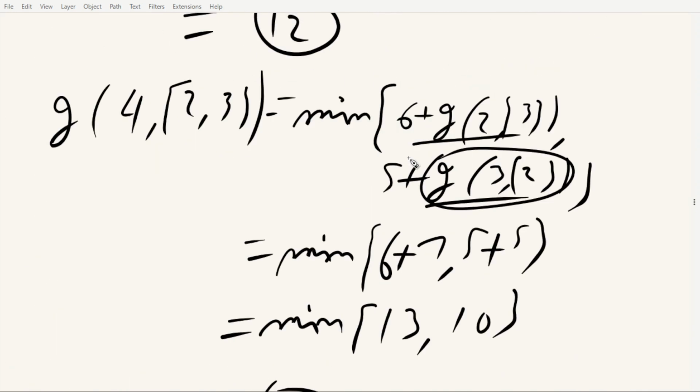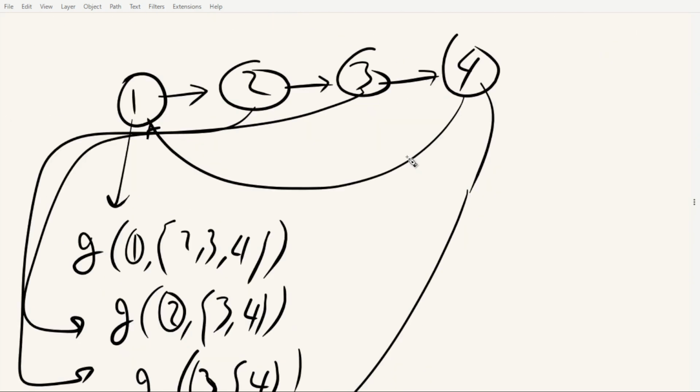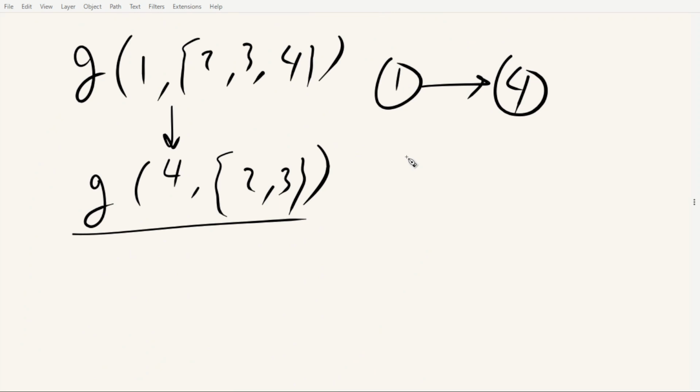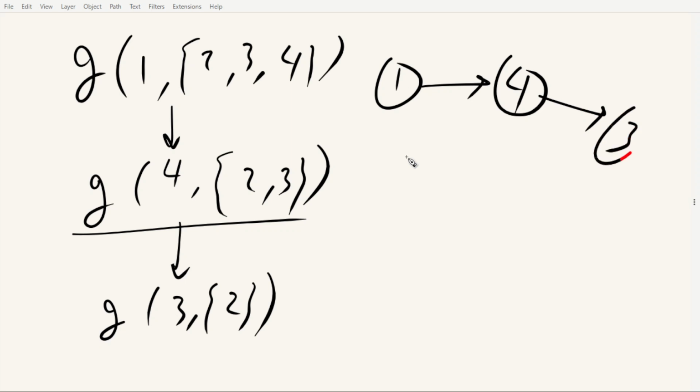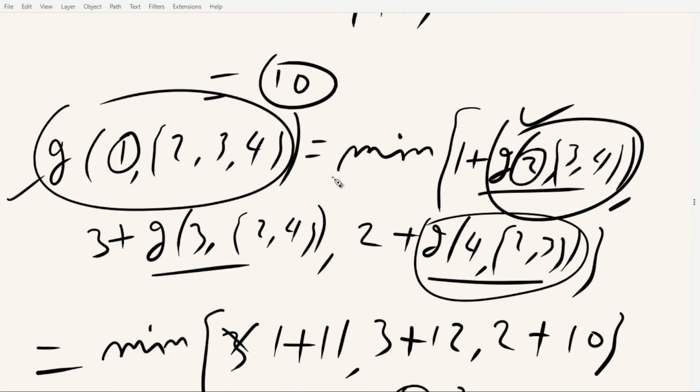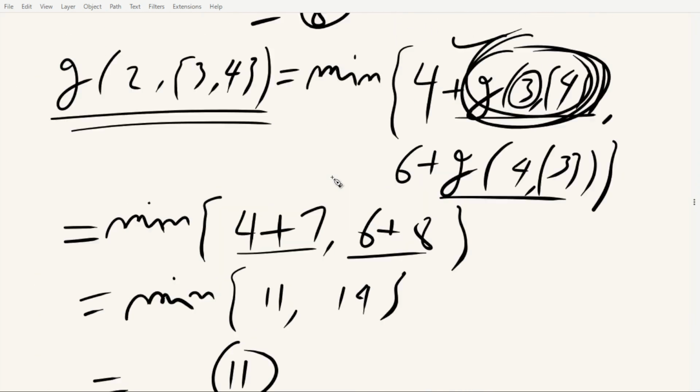G32 means we move to 3. From 4 we move to 3. Now we should consider G32. In G32 we have only a single option.